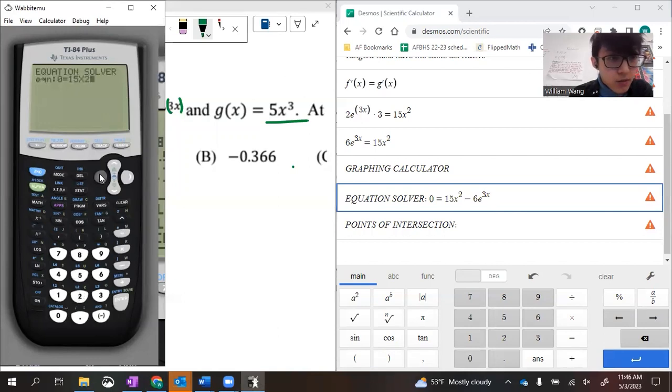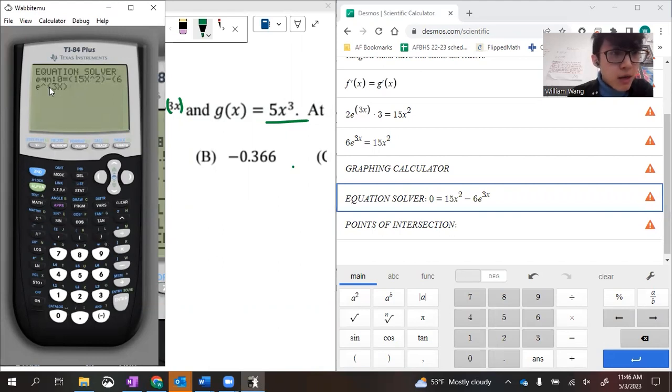Let's plot this. So 0 is equal to 15x squared. Whoops, that's not squared. I'm going to use parentheses actually. So let me clear that to make sure I have everything right. So 15x squared and parentheses minus, let's start another parentheses for the 6 second e to the 3x.